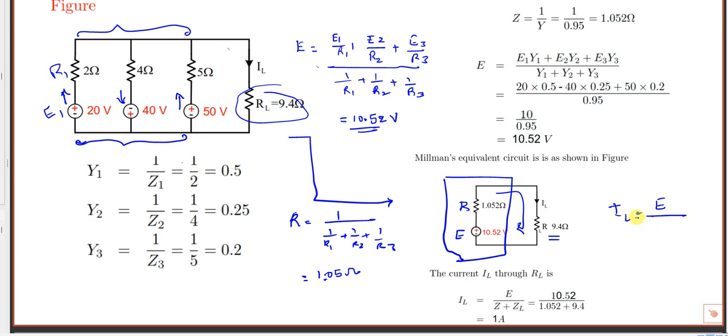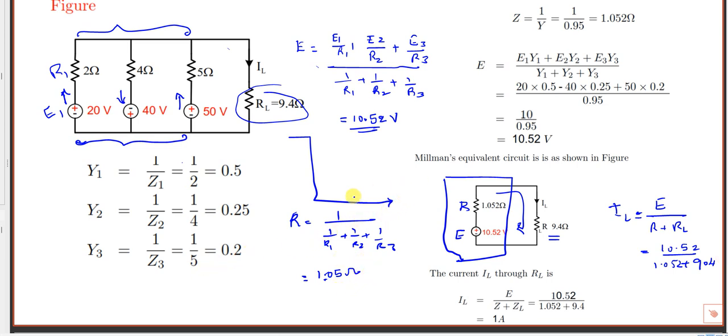E or V, both are the same. So it is 10.52 divided by 1.052, which is Millman's equivalent resistance, and RL is 9.4.